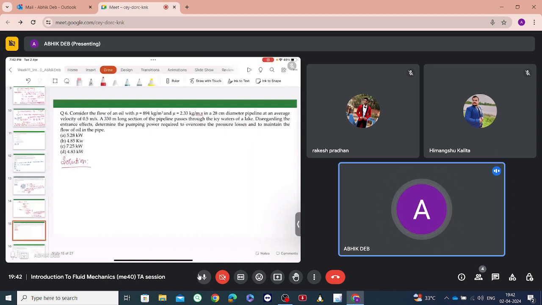So this is the exact solution of Navier-Stokes equation. Okay, now for this we are considering a steady, laminar, incompressible and fully developed flow.